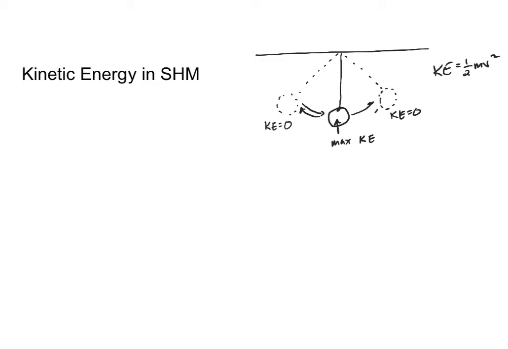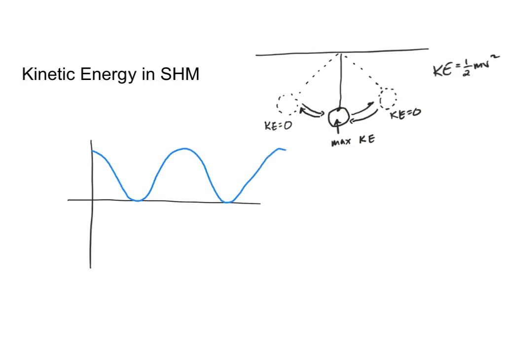And then again, as I return back to equilibrium, I'm going to end up with my maximum kinetic energy, giving me a graph like so. I'm going to start with my maximum, decrease to 0, increase up to my maximum, and continue like so until my pendulum is stopped by an outside force.